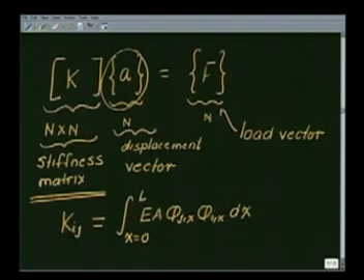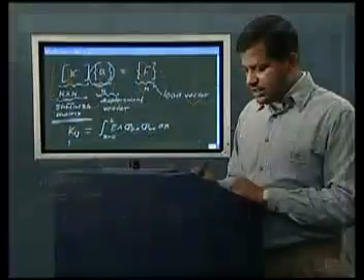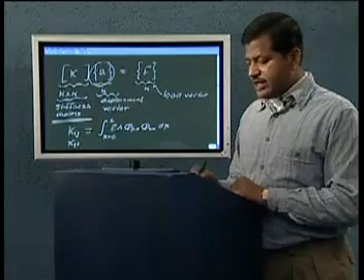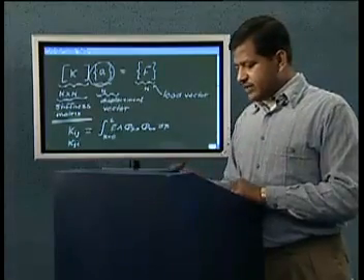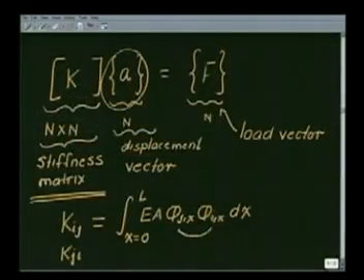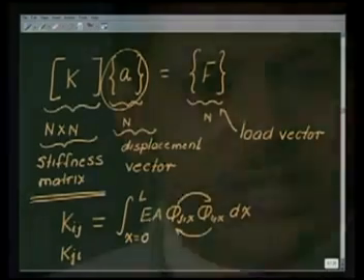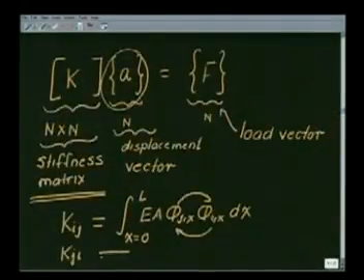Now I ask you the following question. Tell me, what is the element sitting in the jth row and the ith column? That will be obtained by bringing this here and bringing that there. The expression is not going to change because the integrand remains the same. So what we get for this case is that this thing is equal to Kij.